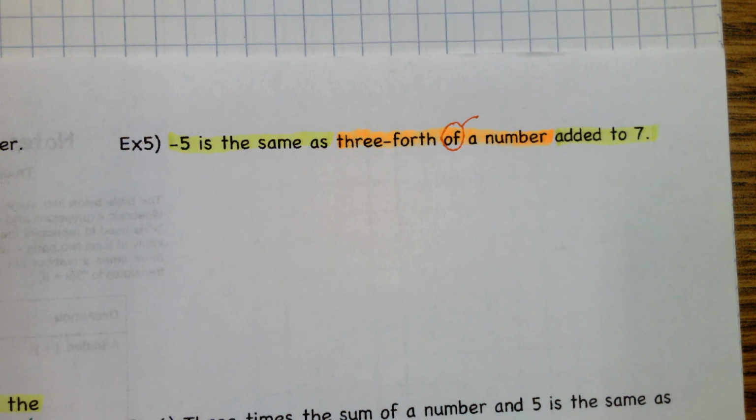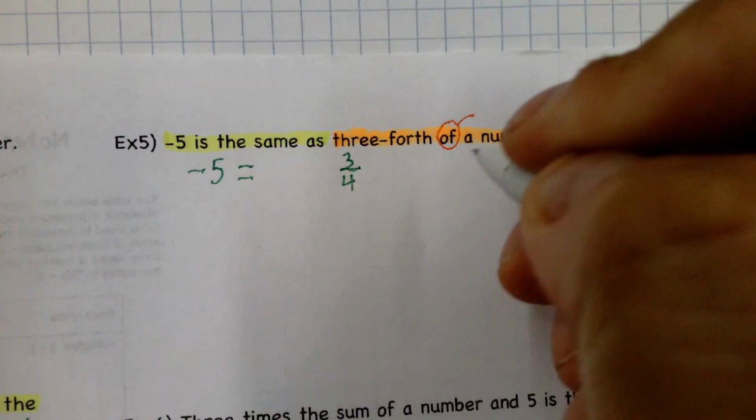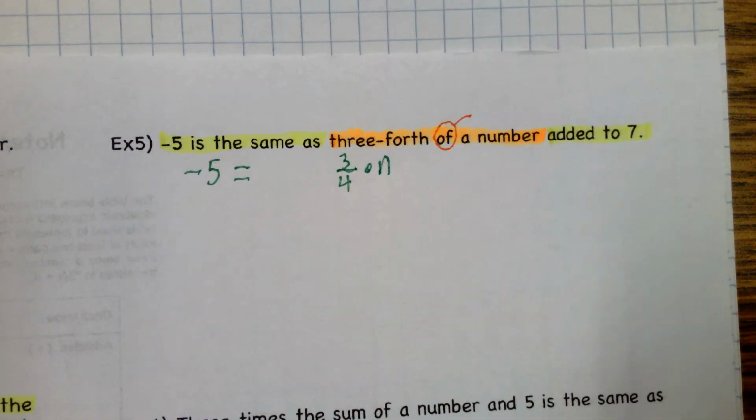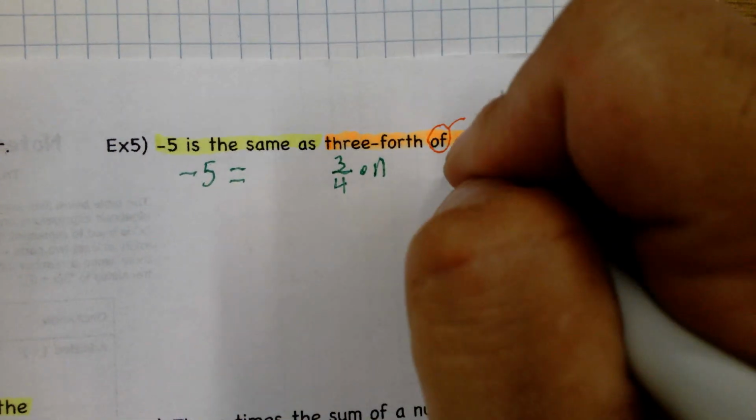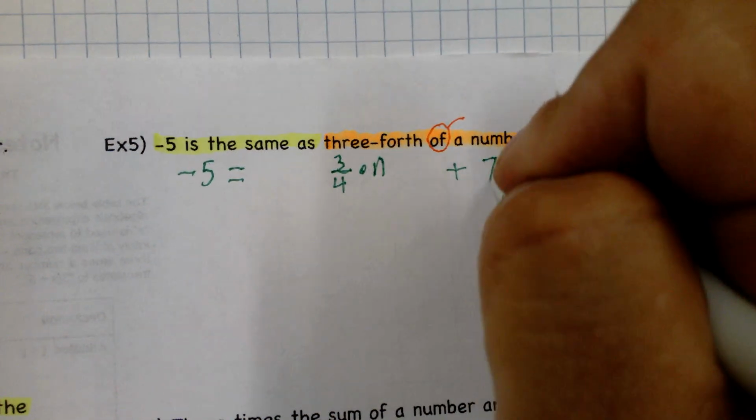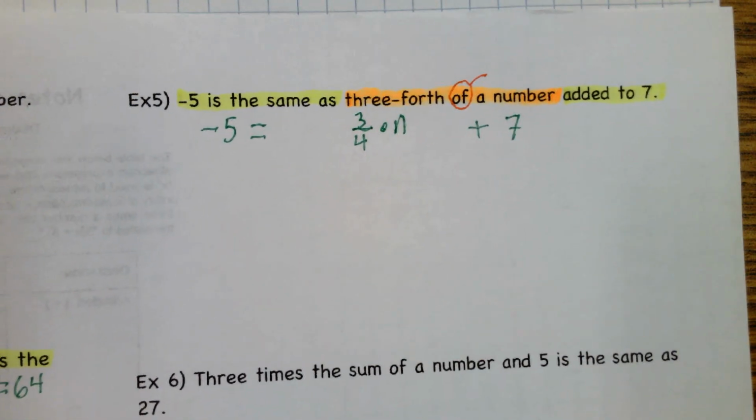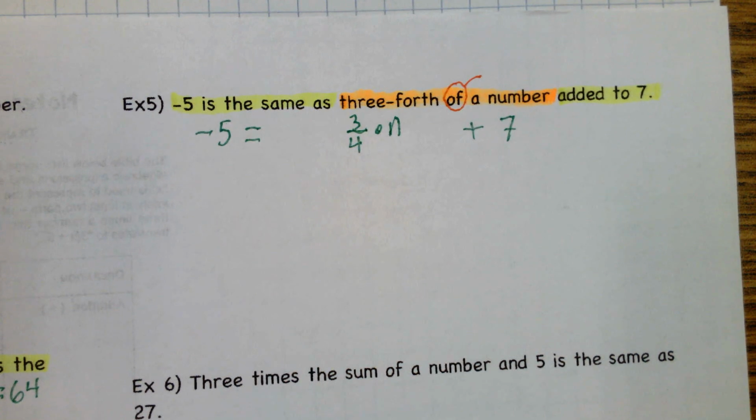So what are we doing? We are saying -5 equals 3/4 times a number added to 7. Okay, so let's write that down.